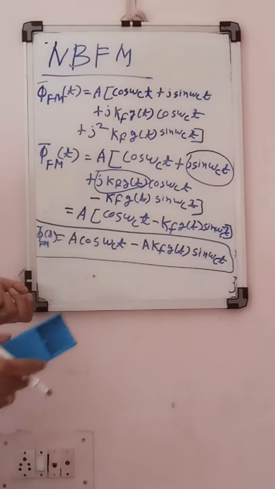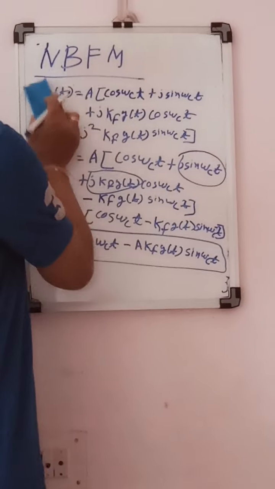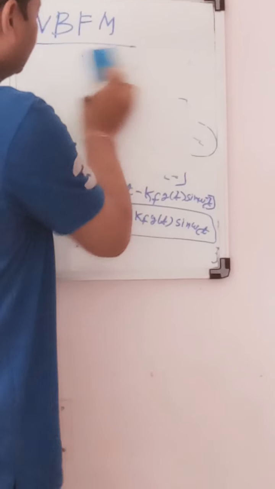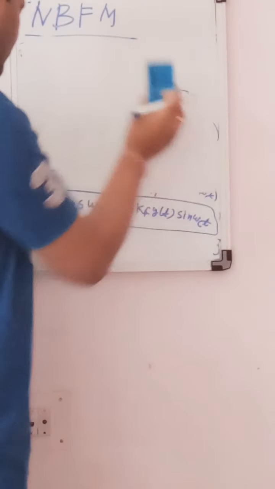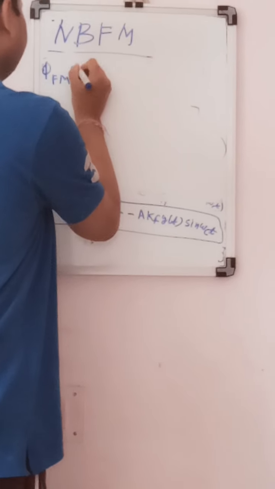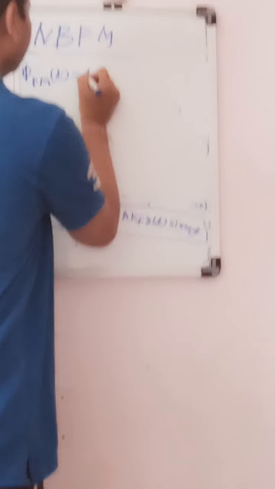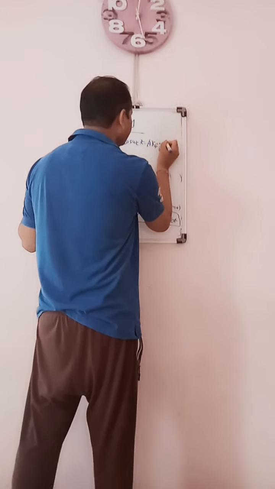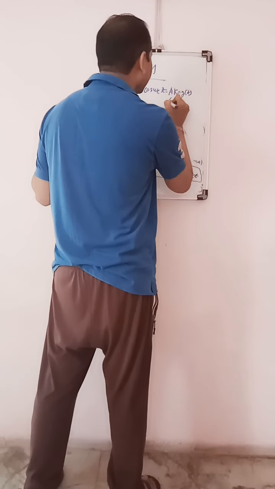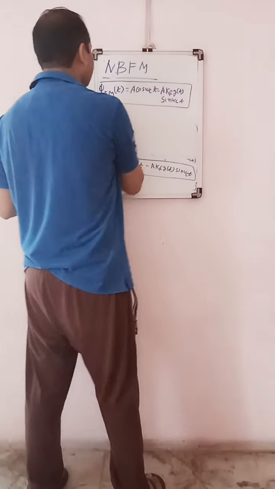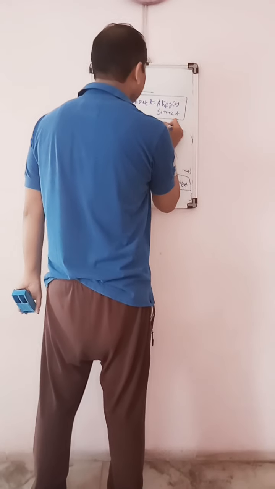So I will again write this expression clearly here: phi FM(t) will be equal to a cos omega ct minus a kfg(t) sin omega ct, and this is an expression for the NBFM, that is your equation number 21.